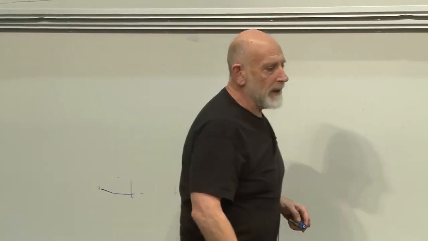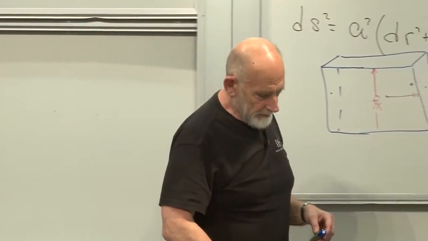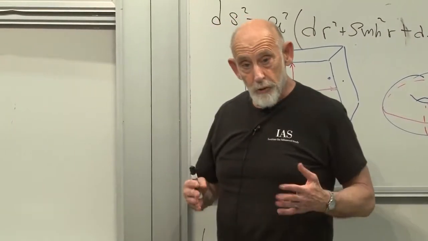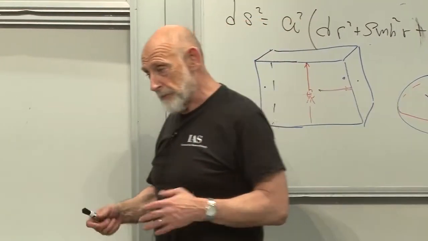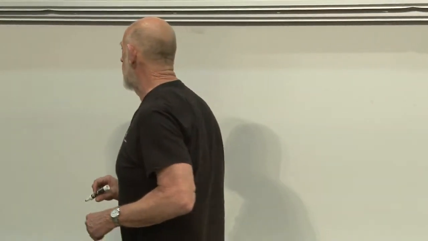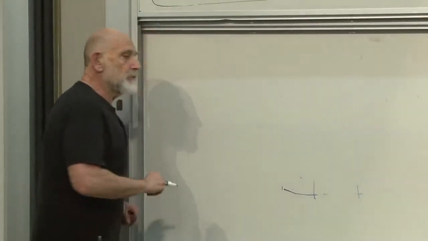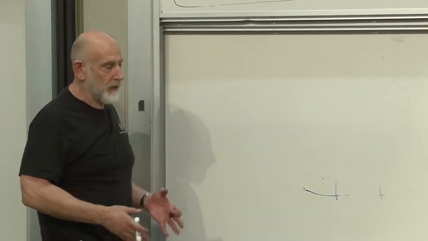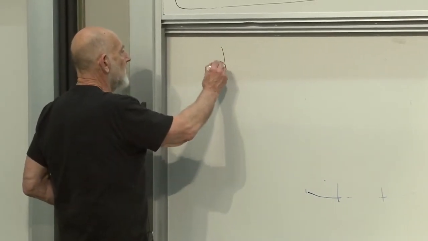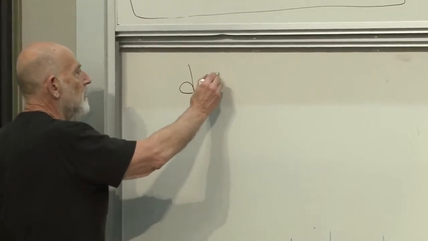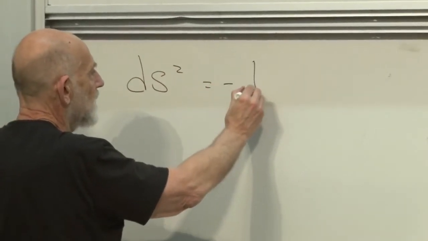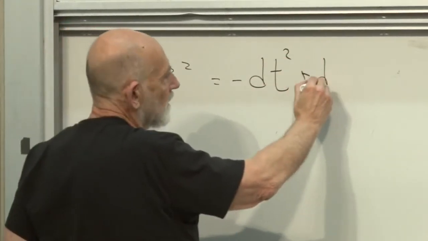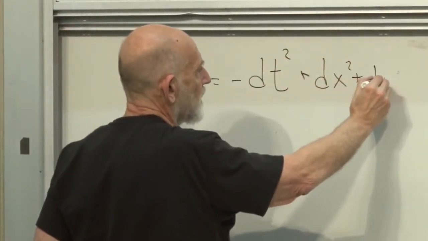Let's just review for a minute the metric of space-time. The metric of space-time in special relativity has two pieces, a time piece and a space piece. I'll just remind you what it looks like. Setting the speed of light equal to 1, ordinary Minkowski space, that's just flat space-time, special relativity, ds squared is equal to minus dt squared plus dx squared plus dy squared plus dz squared.